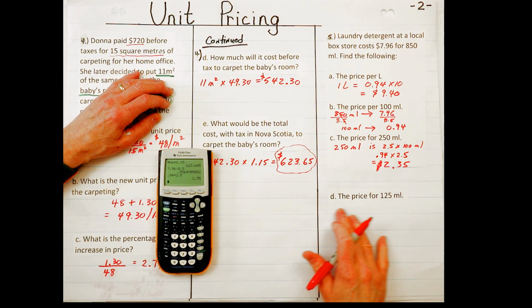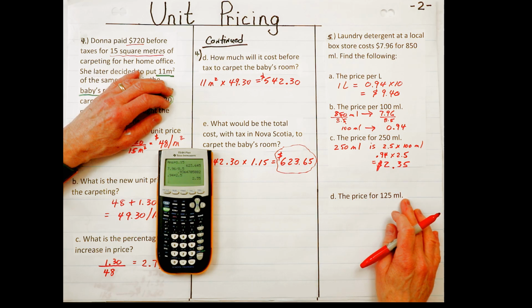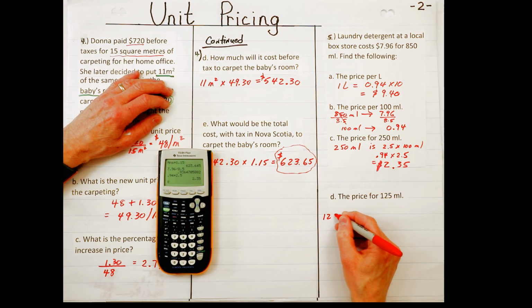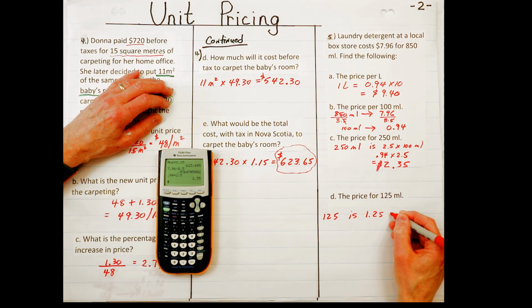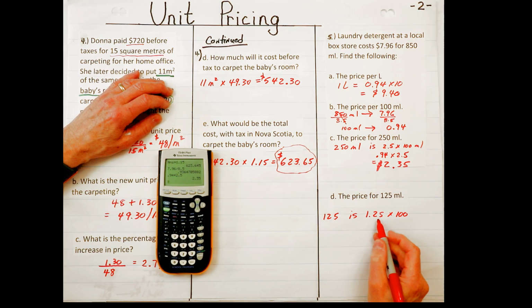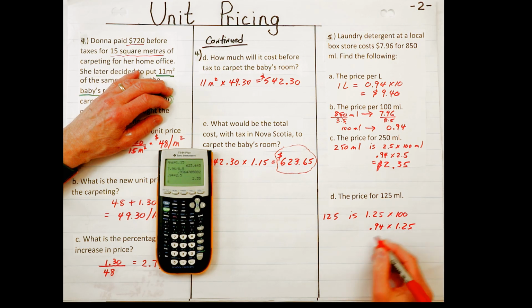Okay. And the last question, the price of 125 mils. Well, 125 is 1.25 times 100. So let's take the price at 100 and multiply that by 1.25, and that will give us our answer.